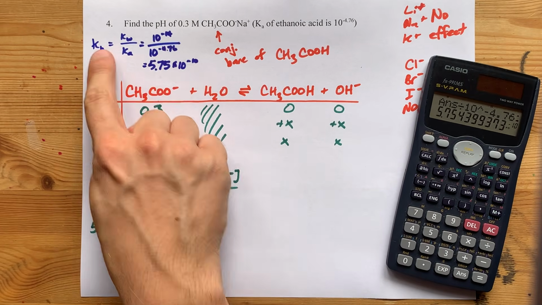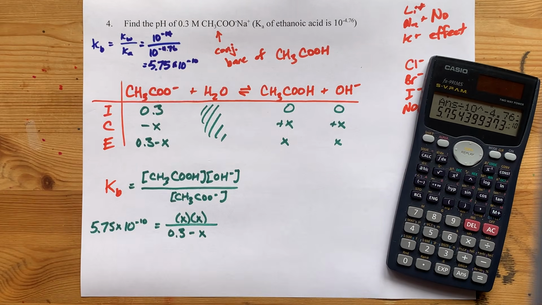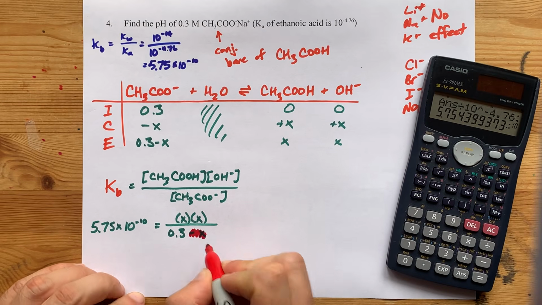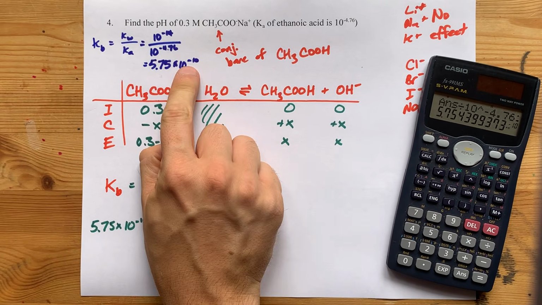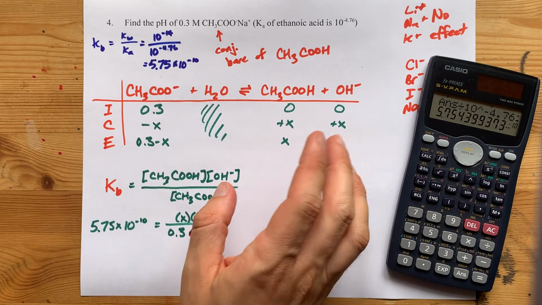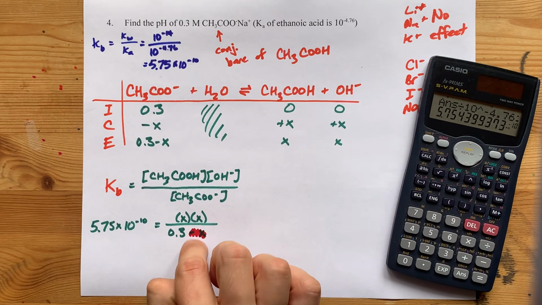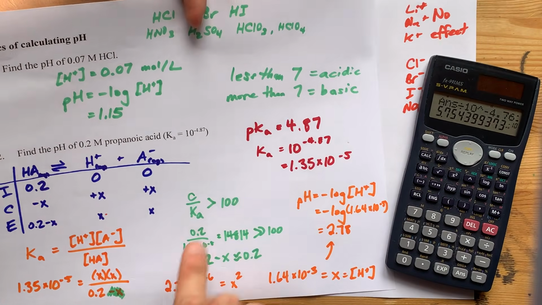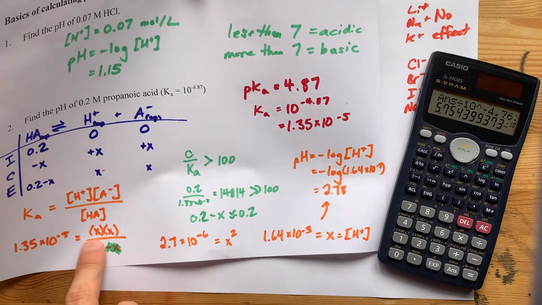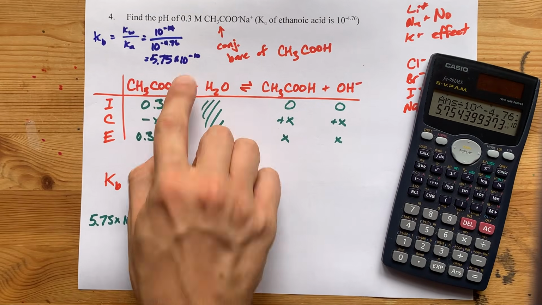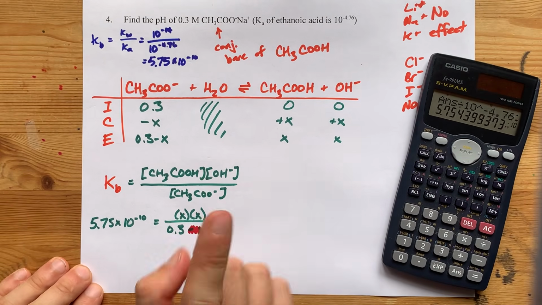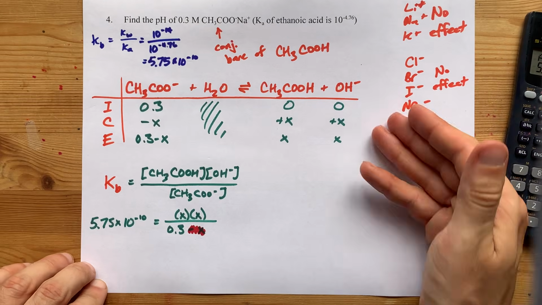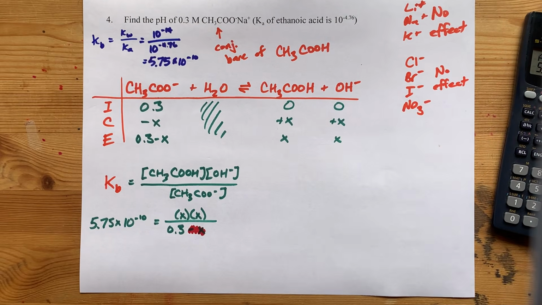Now this Kb is so small. I know that x is going to be almost useless. We even found that you could cancel the x out when the K was 10 to the power of negative 5. Now it's negative 10 and you're going to try to pretend it matters? Nah, you're getting rid of that. Prove it to yourself if your teacher demands that.